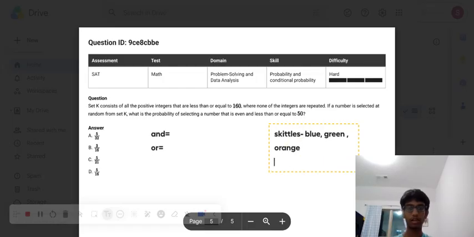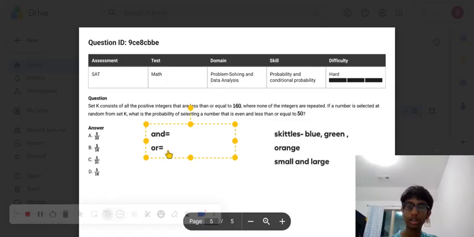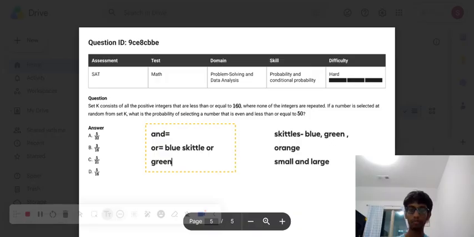And say you have different sizes in the Skittles, like small and large Skittles, like say it's an assorted bag with multiple sizes. So an or would be like blue Skittle or green Skittle.